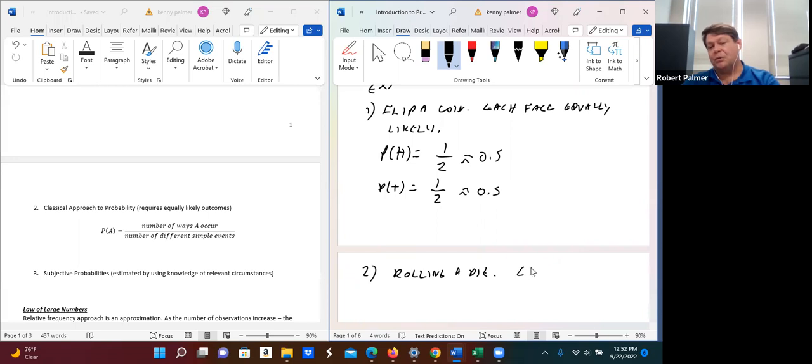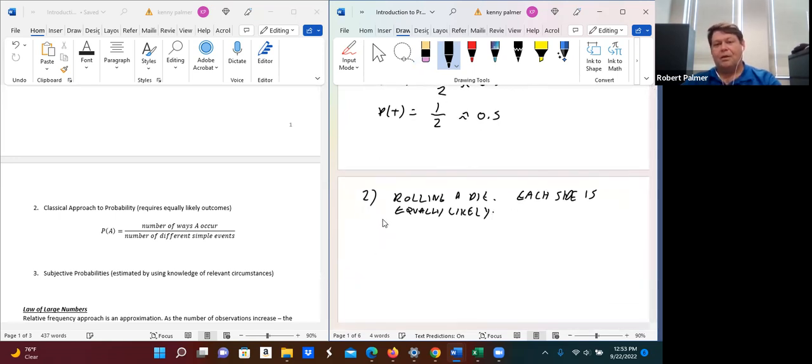And so if we said each side is equally likely, and there are 6 sides, then let's say the probability of rolling a 5 is, so there's 6 possible outcomes, numbers 1 through 6. If we assume they're all equally likely, the probability of getting any one particular one is just 1 out of 6. That's also the same for the rest of them.